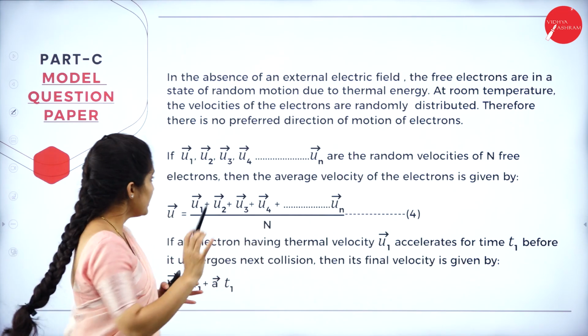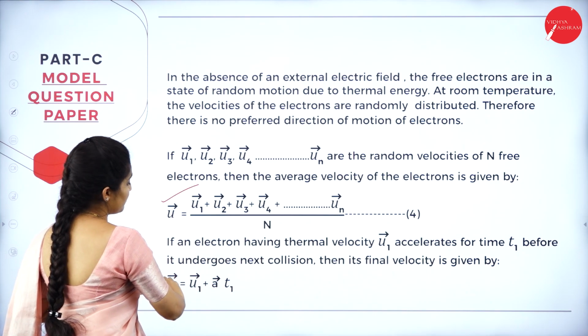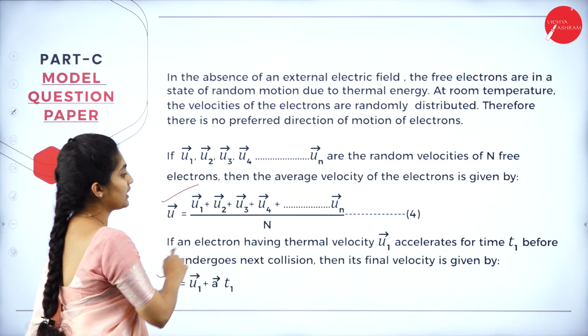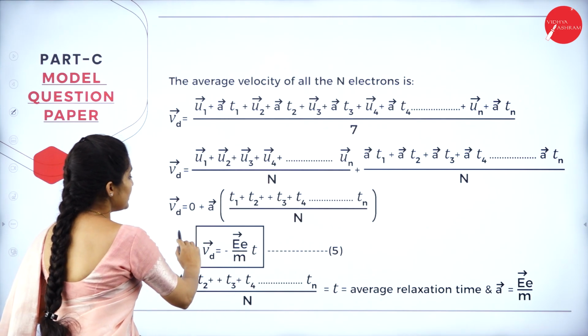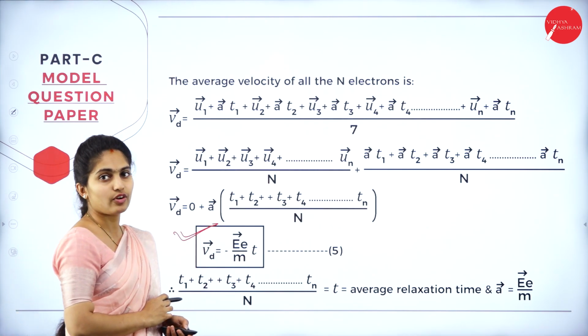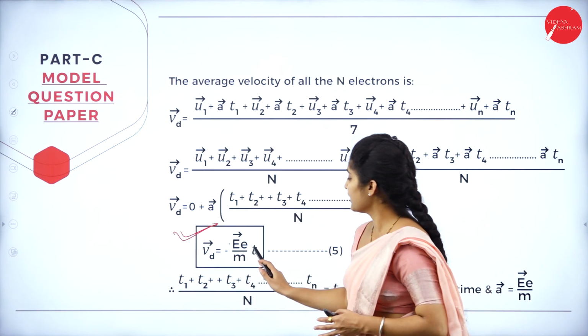That means to say, sum up the initial velocities and final velocities of these concepts and get an equation, and finally you will arrive at an equation which relates your drift velocity, relaxation time as well as electric field.